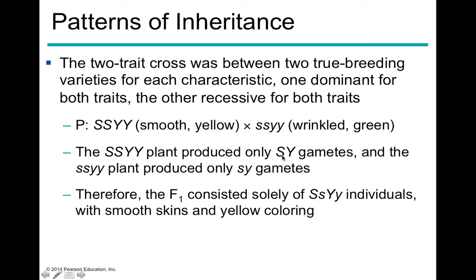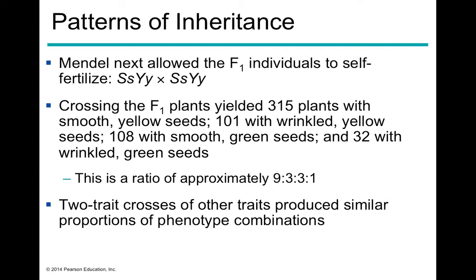It can only produce gametes that are capital S, capital Y. And this plant here can only produce gametes that are recessive alleles. It can only produce lowercase s and lowercase y. And so that means that the F1 generation consists solely of individuals that all have the same genotype. That is, they are heterozygous for both smooth skins and yellow coloring.